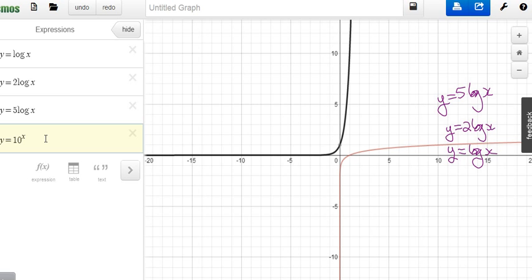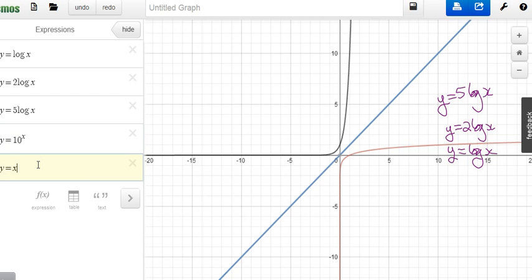It's a reflection in the line. Sorry? Y equals x. Here, let's just graph y equals x. Okay.